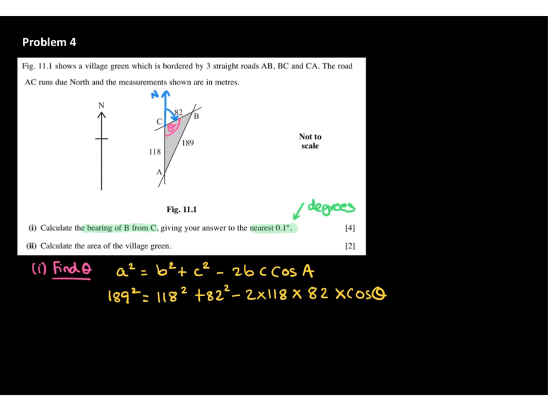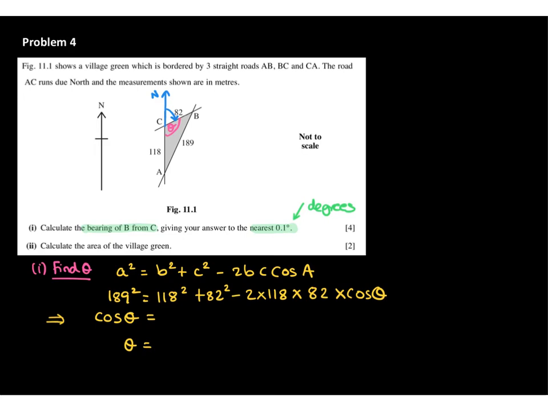Okay, so we need to rearrange this and make sure you do this yourself. Don't just copy this down. Try this yourself. Check you get the same answers. So I'm going to work out what cos theta is. And remember, after that, we're then going to work out theta using inverse cosine on our calculator. And we must be in degrees for this to work correctly. So change out of radians mode and into degrees mode.